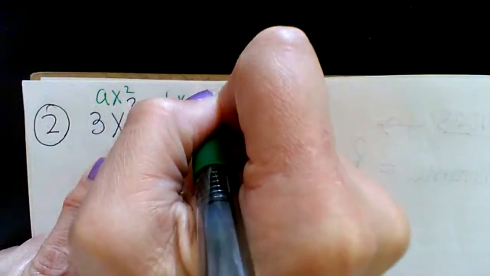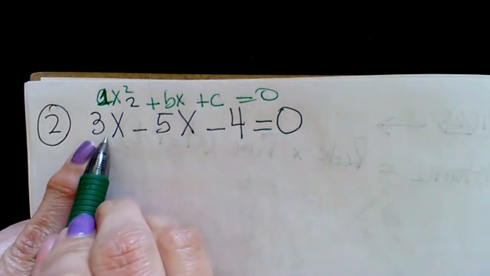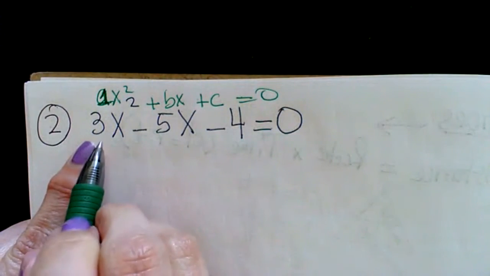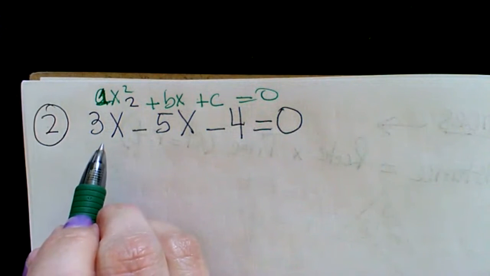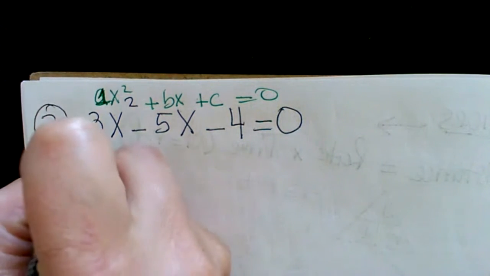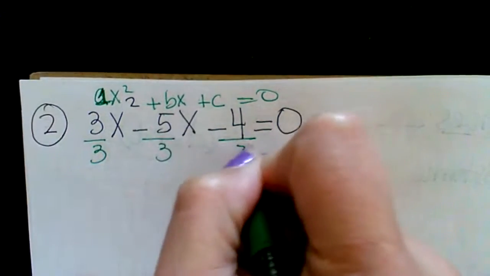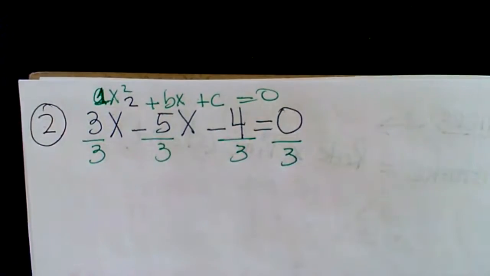Ax squared plus bx plus c equals to 0. It's gotta be, right here, it's gotta be a 1. And it's not 1 right now. So what do we do? If the leading coefficient is not 1, we need to divide through the entire equation by that coefficient, okay? And that's what we're doing.